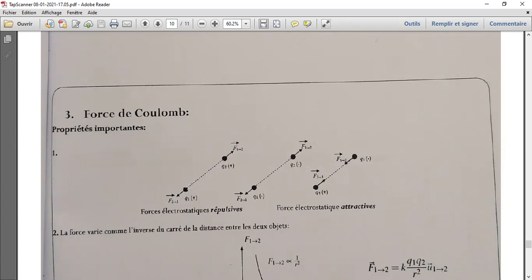So if there are two like charges, you see a repulsion. There will be an electrostatic repulsive force, meaning there will be some separation. It's just the same thing with negative. There will also be some repulsion. If you have positive and negative, you see there will be some attraction.